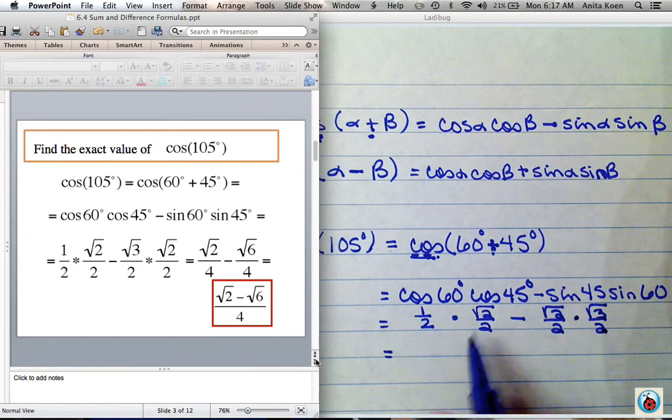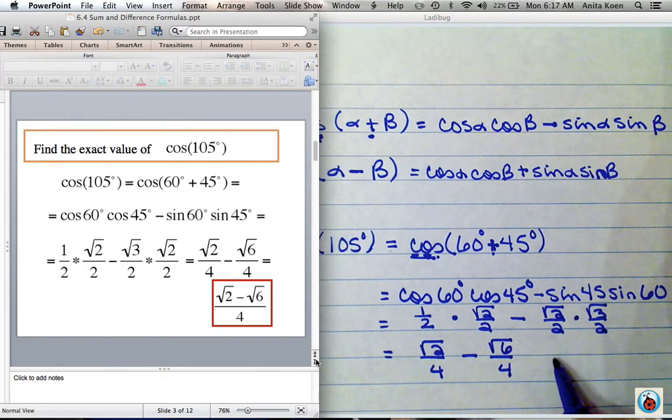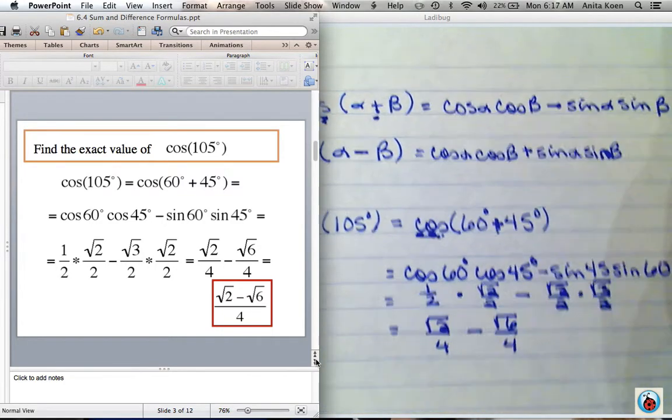Then when I multiply these together, I'm going to get the square root of 2 over 4 minus the square root of 6 over 4. And since these both have the same denominator, I can go ahead and combine them. And so that gives me the cosine of 105. Let me scoot up just a touch.